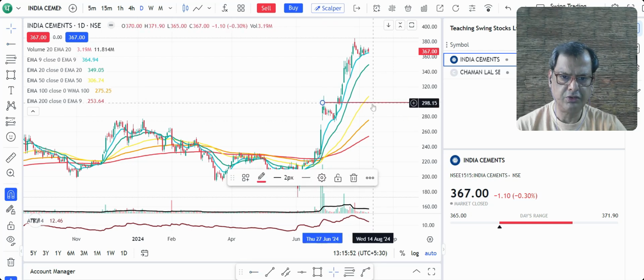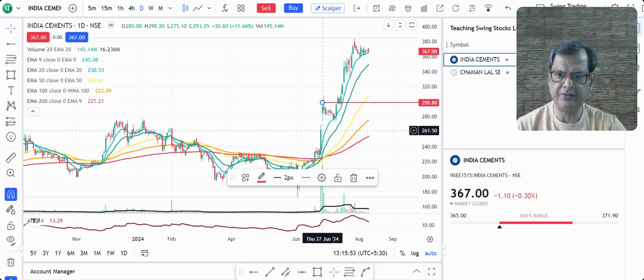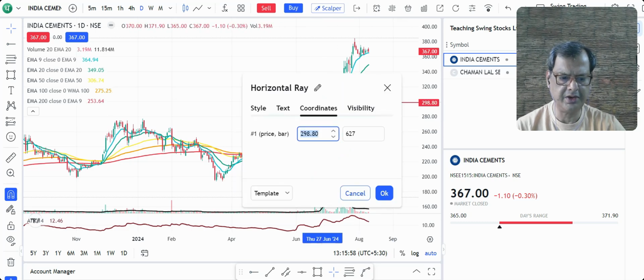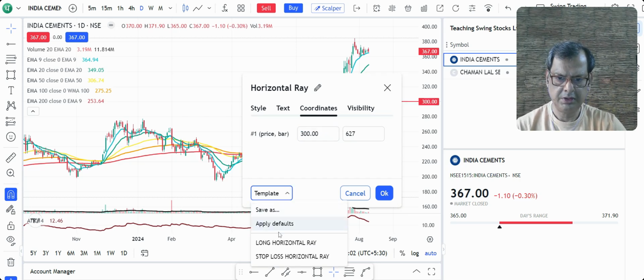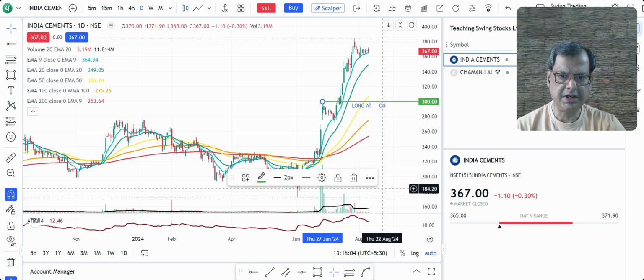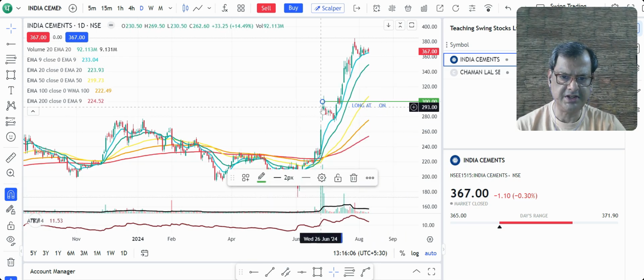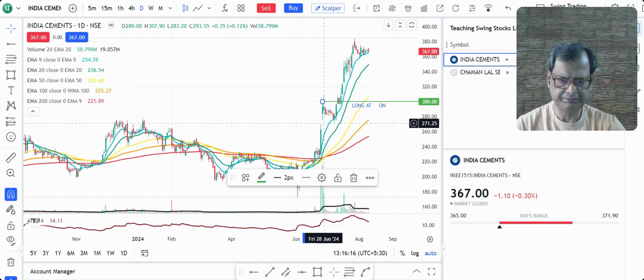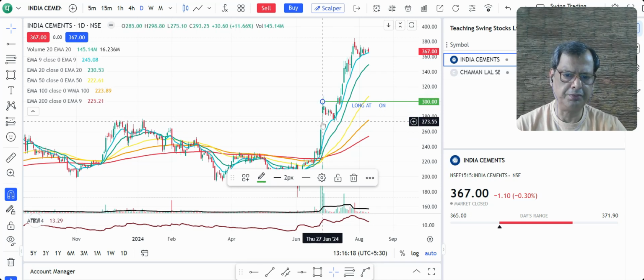The high of this candle is 298.80. So, let's suppose they go in at 300. They decide to go in at 300 because they've seen that this is a candle. They shouldn't have taken an entry in this candle simply because, where are you going to place your stop loss?